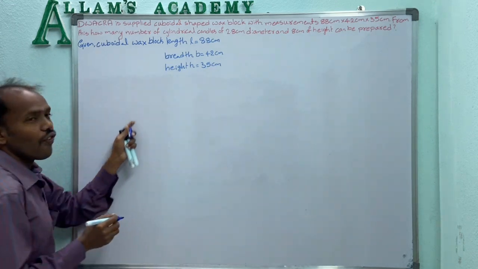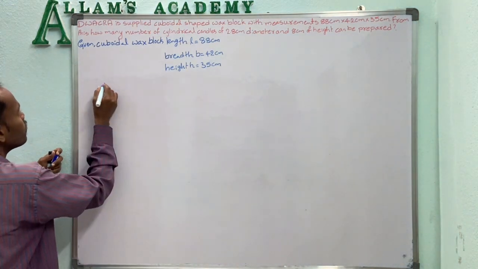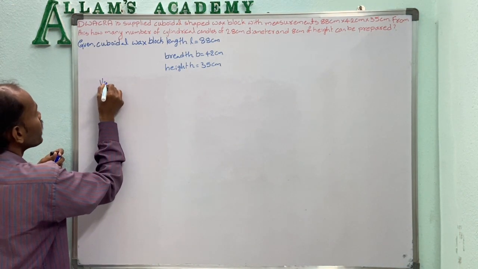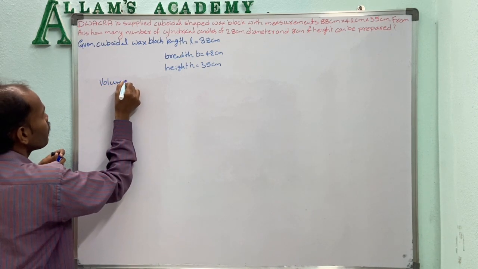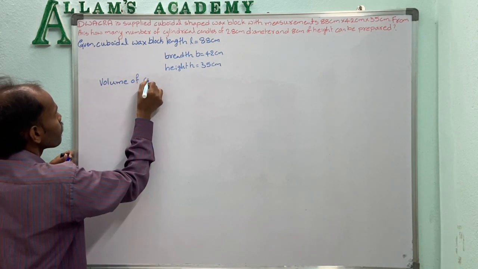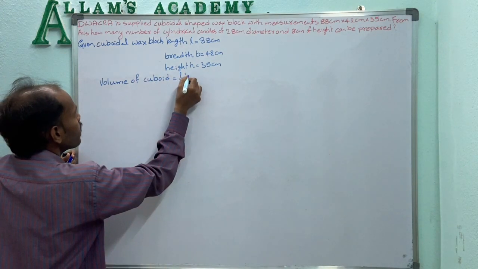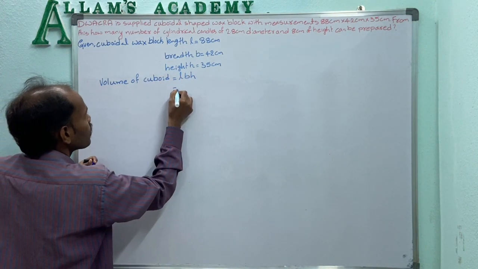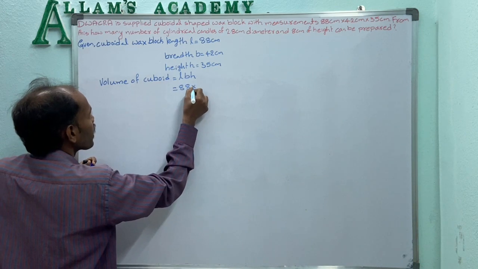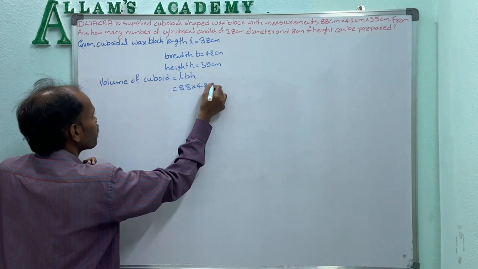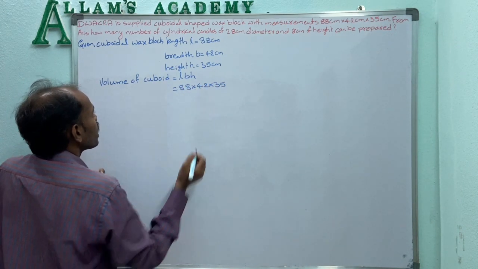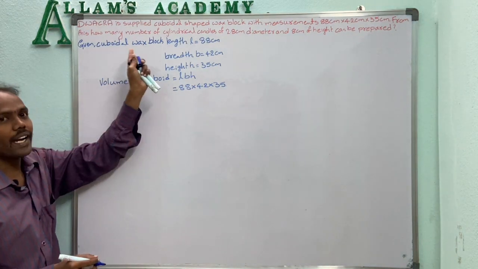Now volume of this cuboid, not cube, volume of cuboid is equal to LBH, that equal to 88 into 42 into 35. So now it is the volume of cuboidal box.